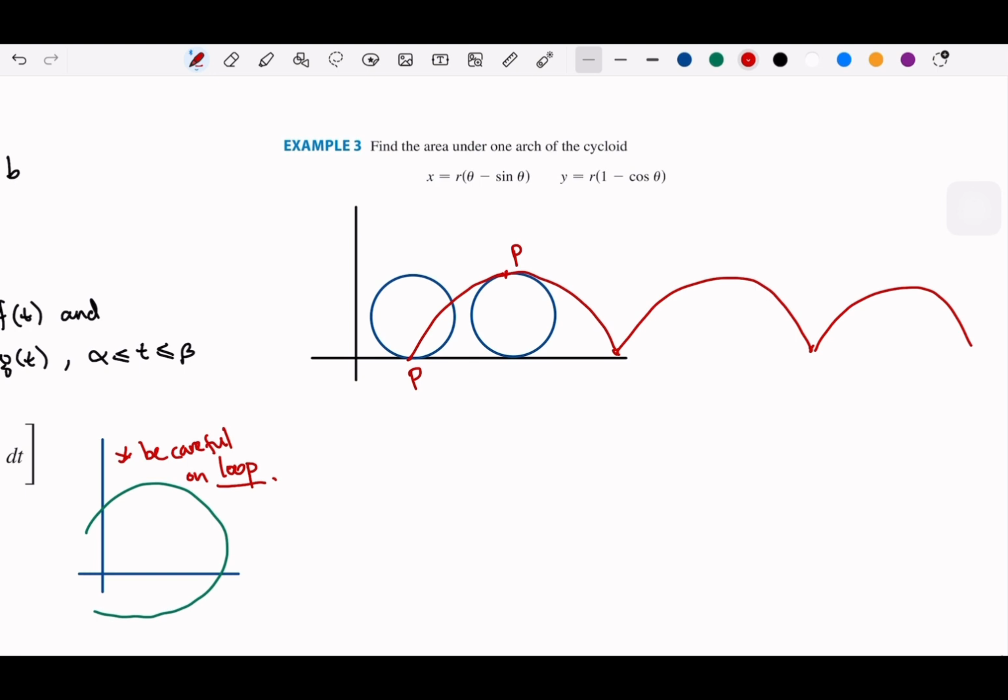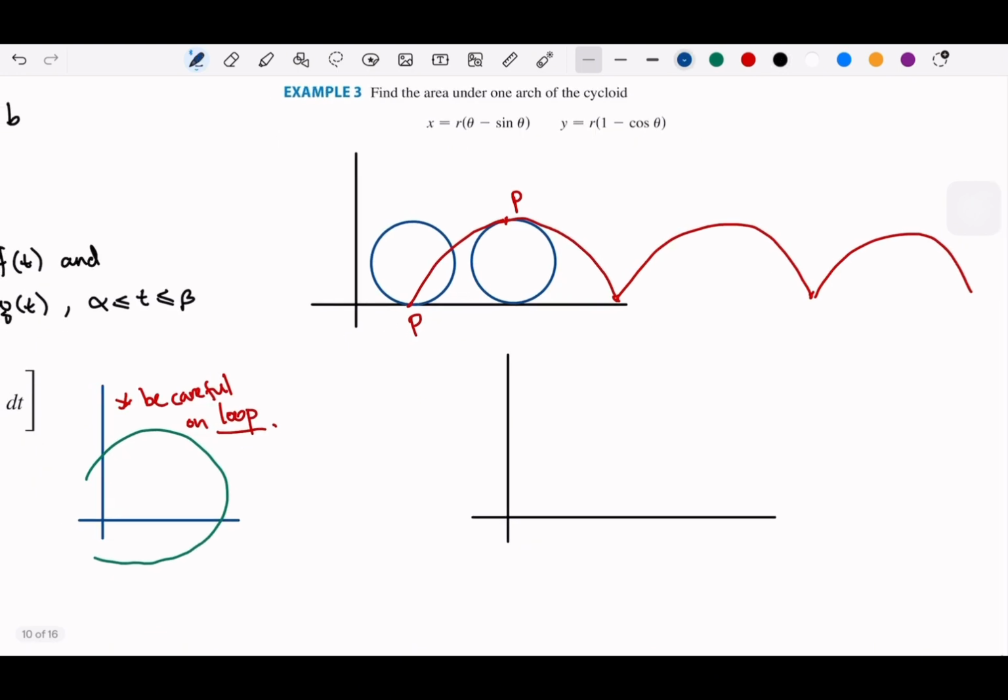But our idea now is to find the area under one arc, which means if this is a cycloid, then we just need one arc, and then we compute the area. So for one arc, to be precise, let me draw again. Let's start from the origin, say this is 0, and focus on this part.